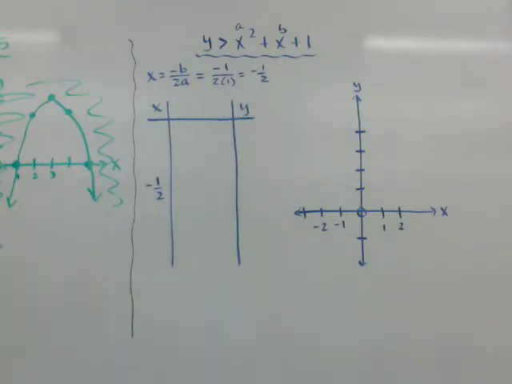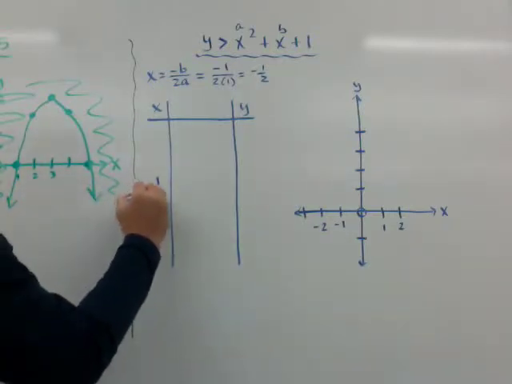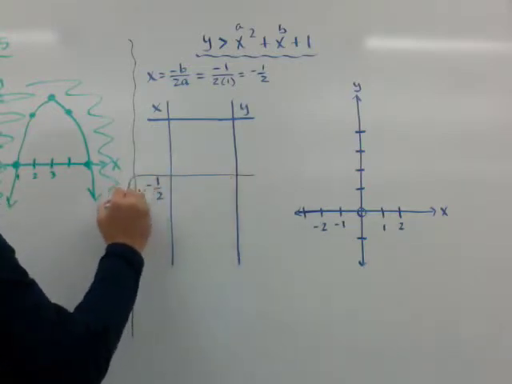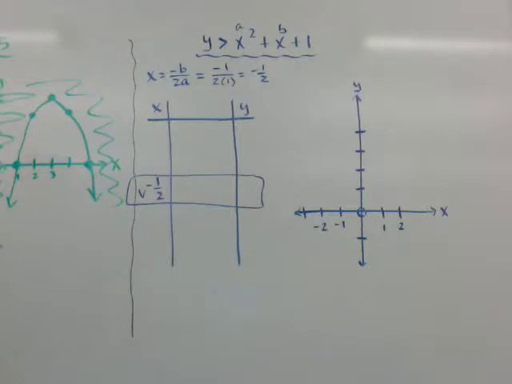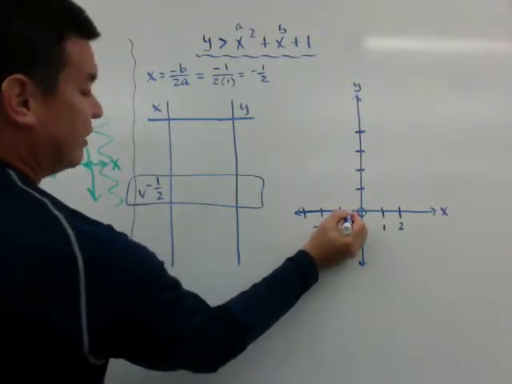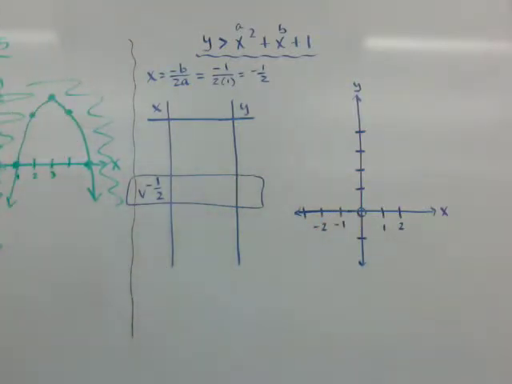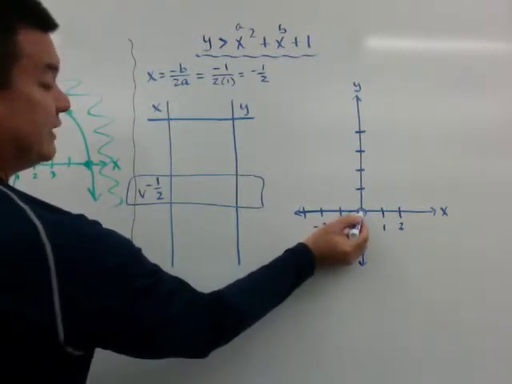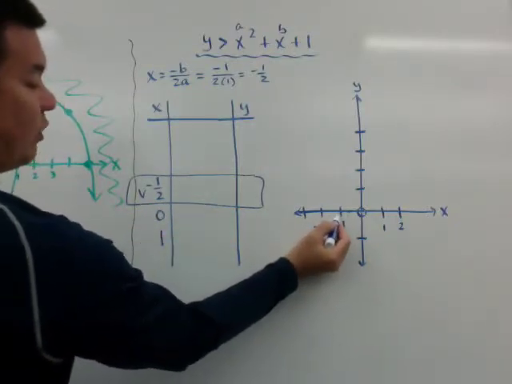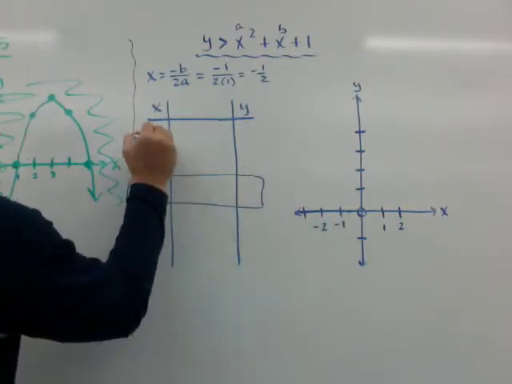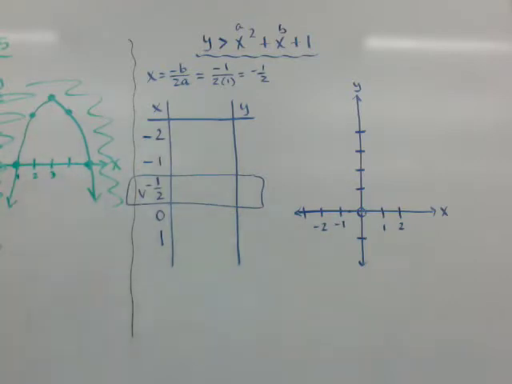If this is my vertex, what I want to do is choose integers to the right and to the left. So if this is my negative 1/2, my next ones are 0 and 1 this way, and -1 and -2. Okay, that's how you choose those numbers.